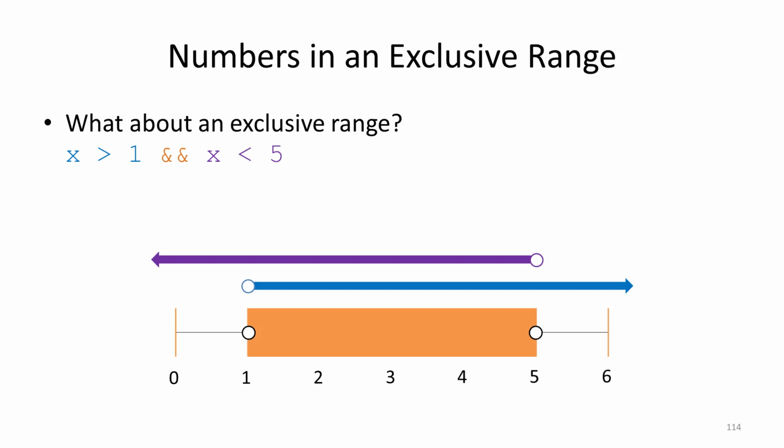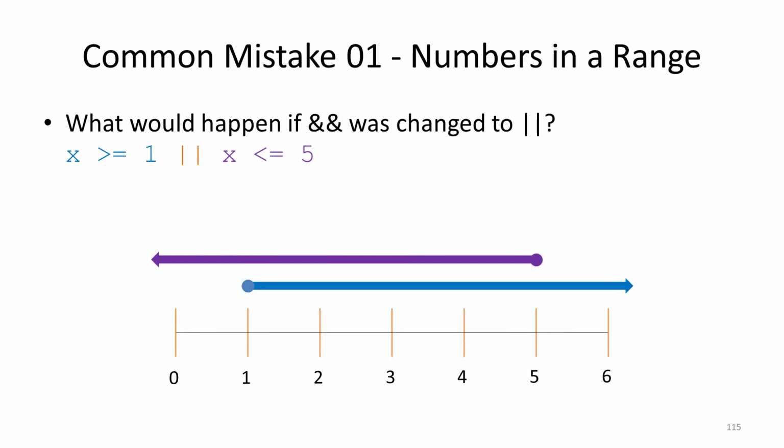Now, when you're starting to implement checking if a number is between a range, a common mistake is using the wrong Boolean operator. So what would happen if the Boolean AND was changed to a Boolean OR instead? So you have x greater than or equal to 1 or x less than or equal to 5. What kind of numbers would satisfy this compound condition?